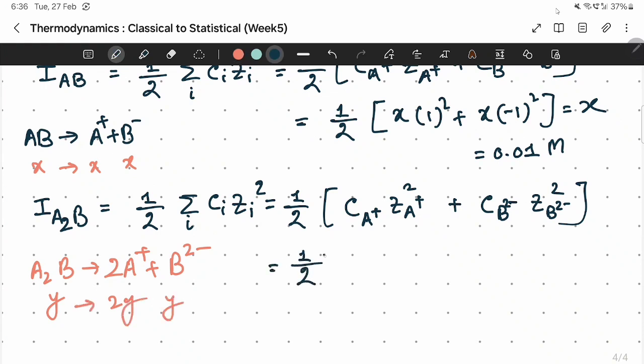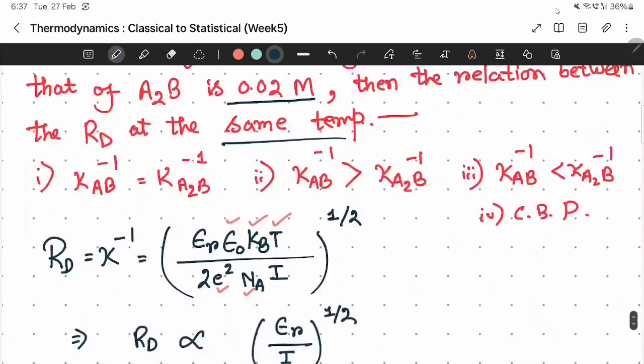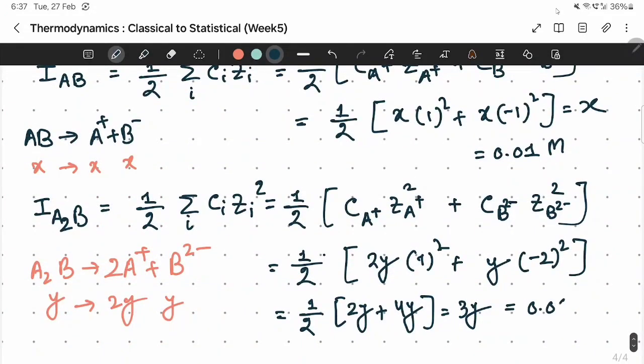So half of 2y into 1 square, plus y into minus 2 square. So half of 6y, which is 3y. What is y? y is 0.02, so 0.06 molar.